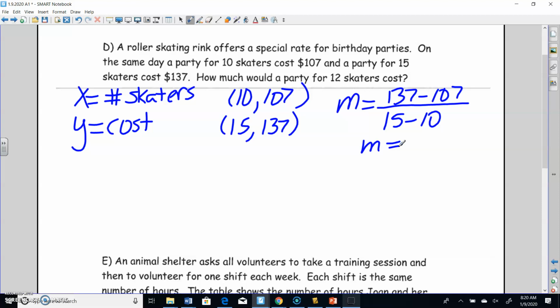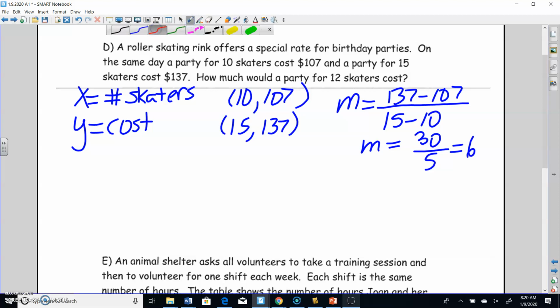Is that right? 30. And 30 over 5 is a simplified value of 6. Correct? Okay, so we have our slope.